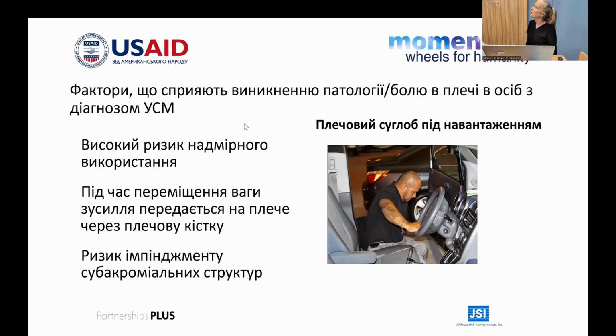What do you notice about his arm position and getting into the car that puts him at increased risk for impingement or something with the shoulder? He is bearing weight on his shoulder.